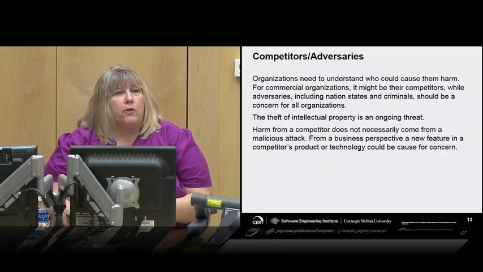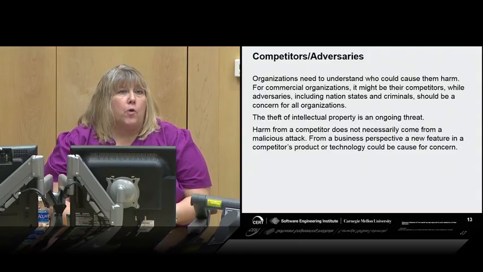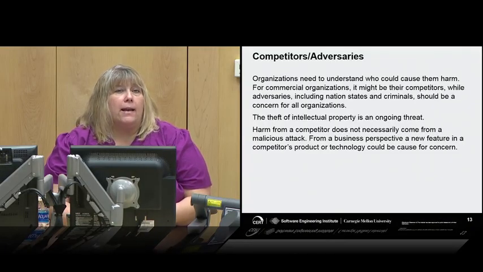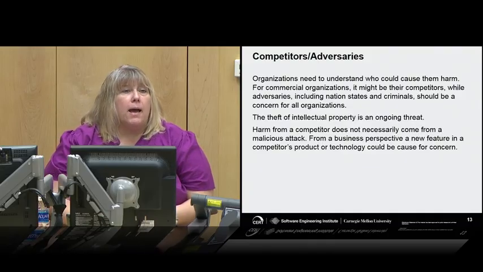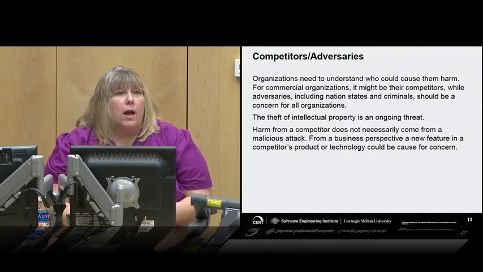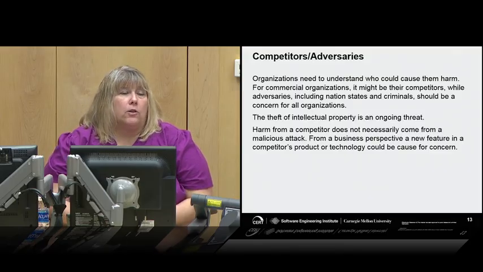It's interesting to put competitors and adversaries in the same line because for commercial organizations, it could be that their competitors, others who have the same business mission, others who produce the same products, might be looking to gain an advantage somehow by industrial espionage or theft of intellectual property, maybe actually stealing customers, getting people to come and work for them and bring with them ideas or information about how your organization functions.